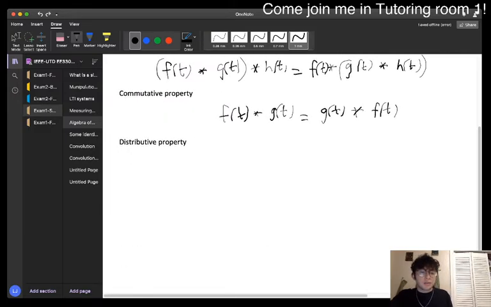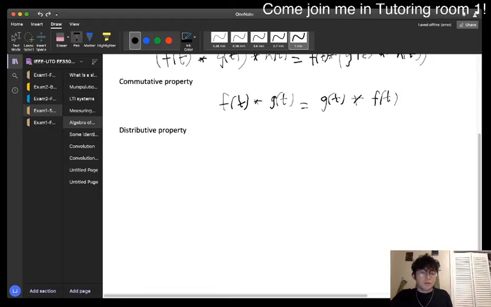And then this is the distributive property, which is going to come in handy in a few examples that I'm going to pull up. We get f of t convolved with a sum, g of t plus h of t.